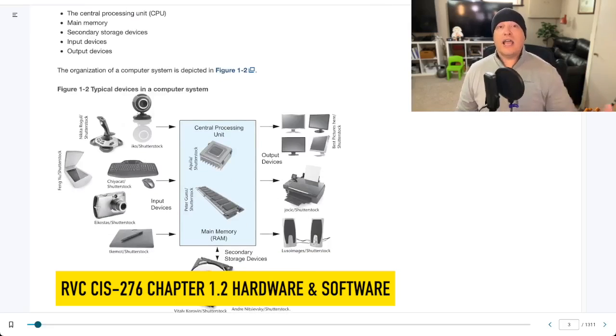What we are as consumers of our computing technology, what we are almost completely obscured from, is the interaction between the central processing units, whether those are just the CPU, the GPU, or the ALU, you'll see more of that when you read the chapter here, the main memory, and our input and output devices, or even our storage devices.